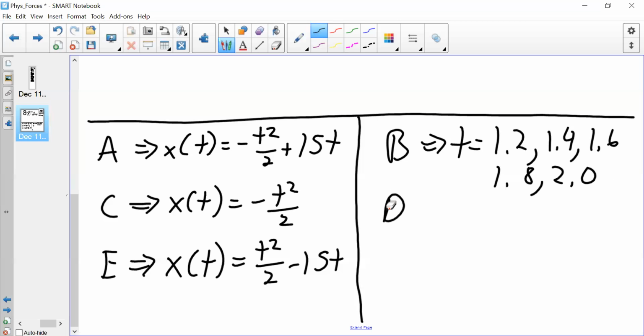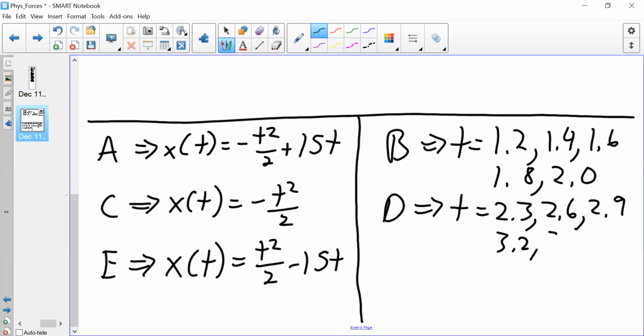Okay, so then here's D, or the second time interval. This time interval is going to be 2.3, 2.6, 2.9, and then this reminds me of a particular block scheduling at school.